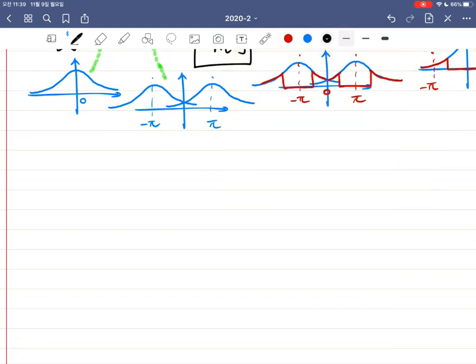Okay, so continuous time Fourier series: the periodic signal x(t) can be obtained by the infinite summation of a_k e^(j k omega_0 t), remember?